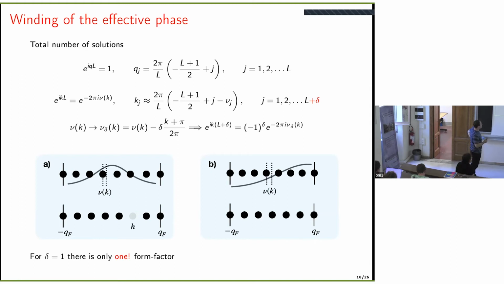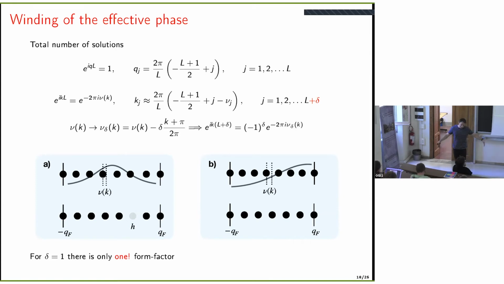Now remember the number of k's is one bigger than the number of q's. If delta is 1, then we are in the same situation as before: we have exactly one term in our sum, with all possible k's and all possible q's. But if delta is 0 or negative, then we have a problem.